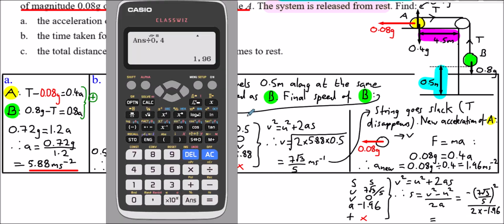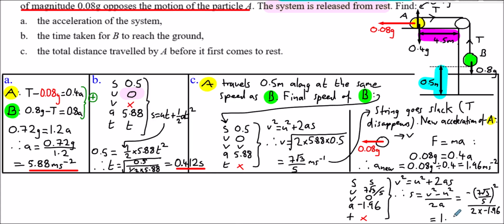So if we work this out now, it comes out at 3 over 2, which is exactly 1.5 meters.